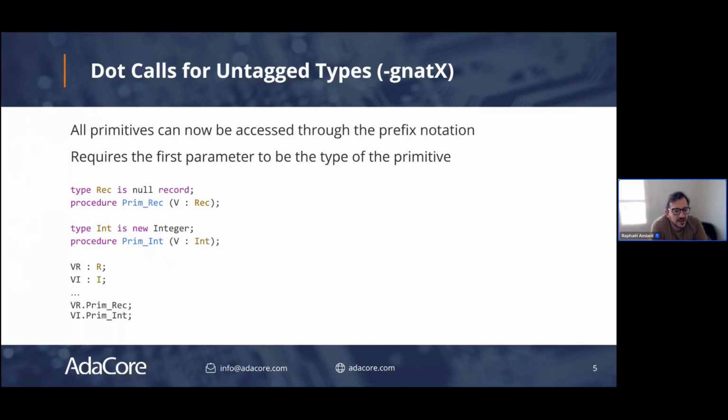So we extended it so that all primitives can now be accessed through the prefix notation. If you want this to work, it requires the first parameter to be of the type of the primitive. So in the example you see, we can call Prim_Rec, which is a primitive on a record, but it also works on non-composite types such as this integer type Int, where you can call Prim_Int on it via the dot notation.